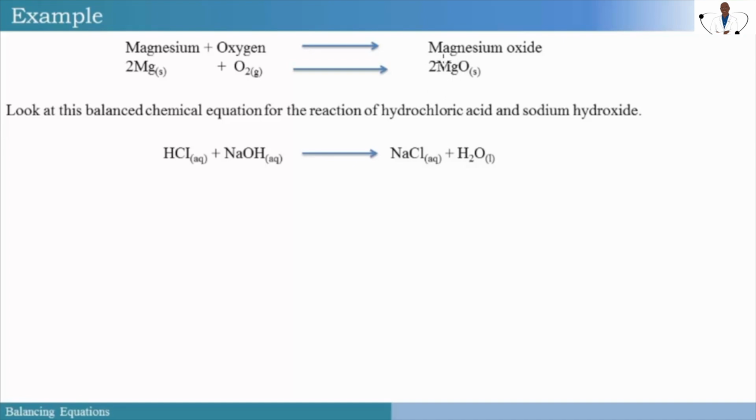So initially, it was one magnesium present here and one there, and then one oxygen, but we realize that there are two oxygen atoms here, so we must put 2 in front of the magnesium oxide to form 2 MgO. Now that we have 2 MgO here, we must put 2 in front of the magnesium. Now this is a balanced equation.